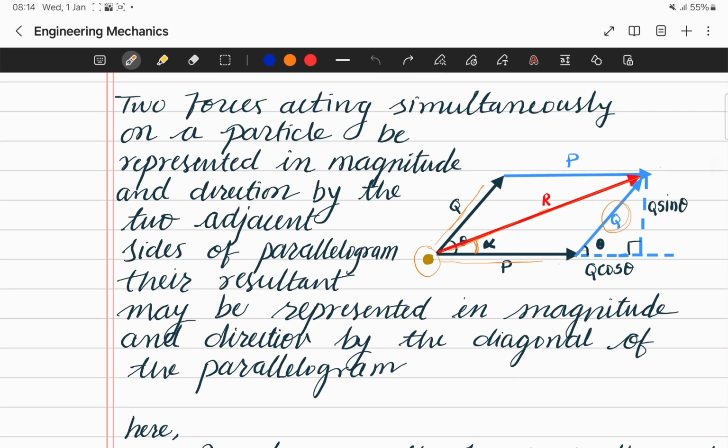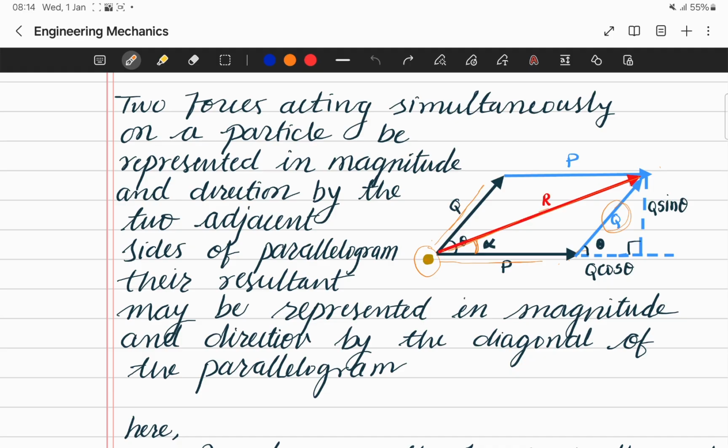If we see here, this is a certain point on which the forces P and Q are acting. The lengths of P and Q represent their magnitudes, and theta is the angle between these two forces.